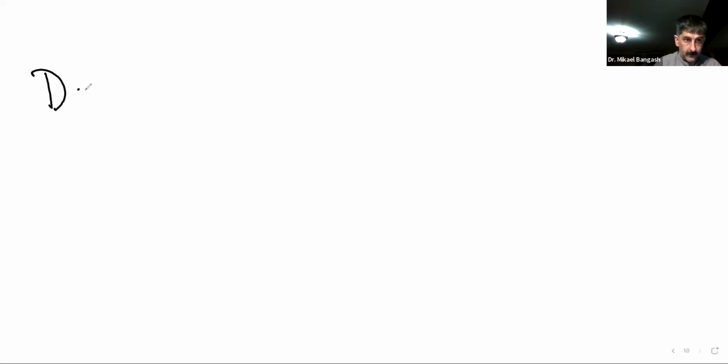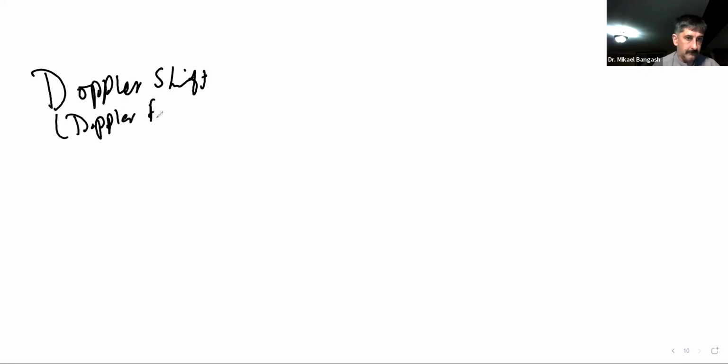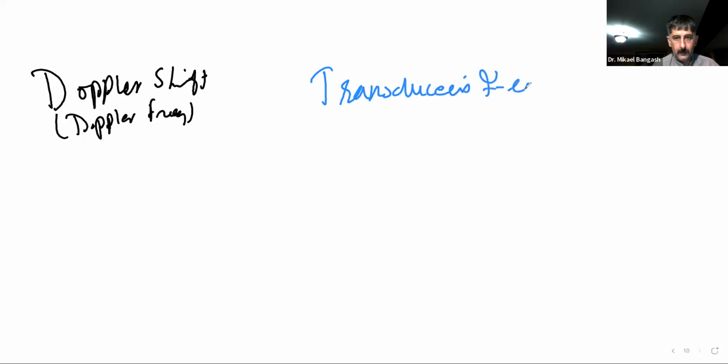And that is the Doppler shift, or what we also call the Doppler frequency, and its relation to the transducer's frequency.